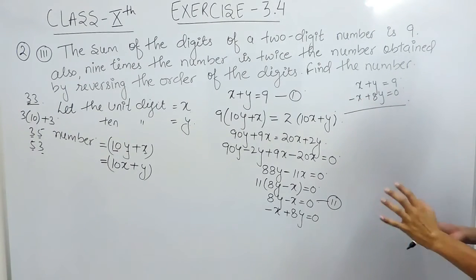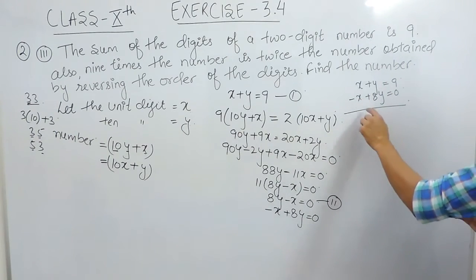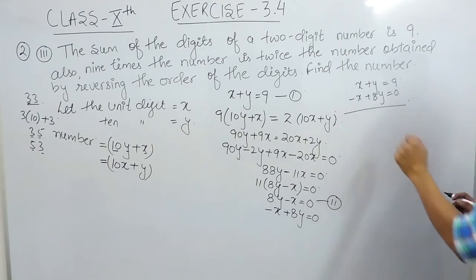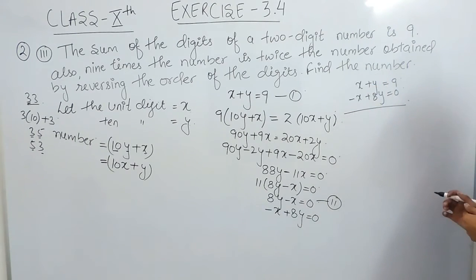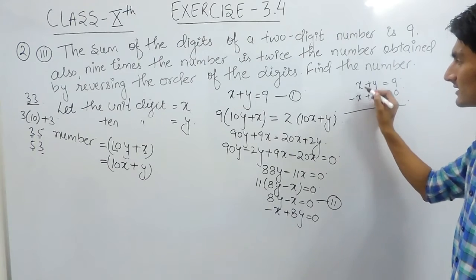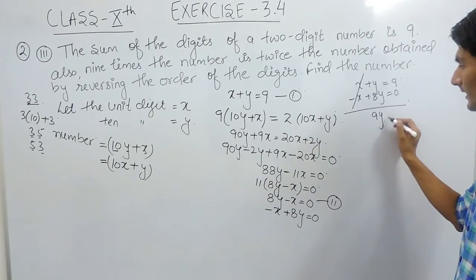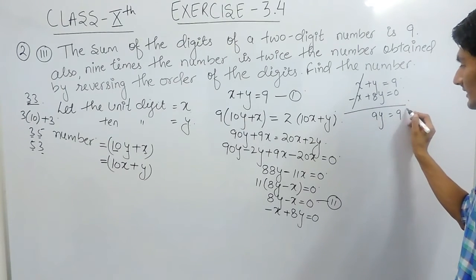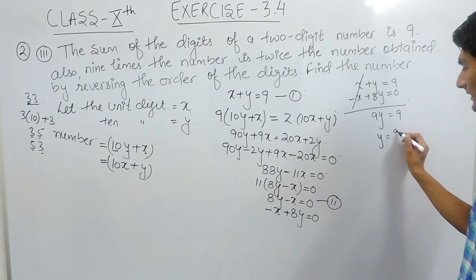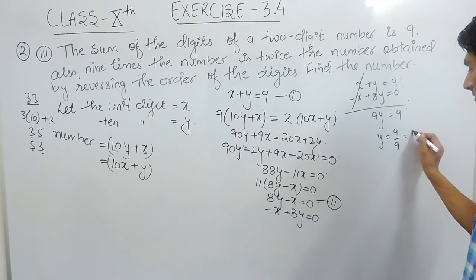So you have to add them, not subtract, because subtracting them will change the sign and they won't be cancelled out. So adding, this cancels, plus minus, this will be 9y, and 9 plus 0 is 9. So the value of y must be 9 upon 9, which is 1.